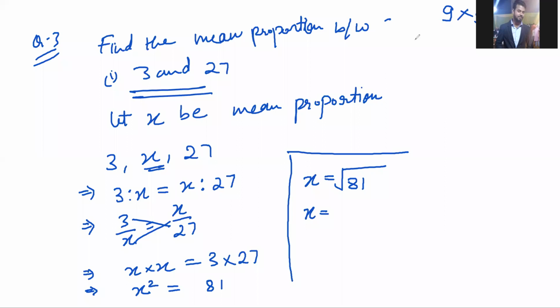That is why root 81 is equal to 9. So X is equal to 9. This is the answer. Okay, is it okay?